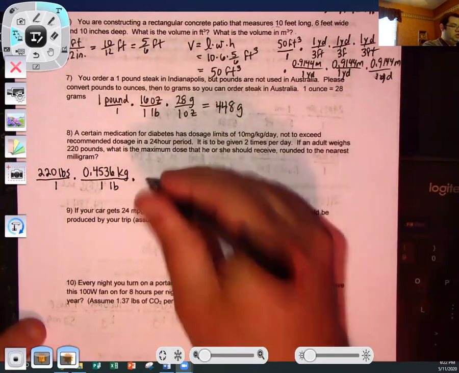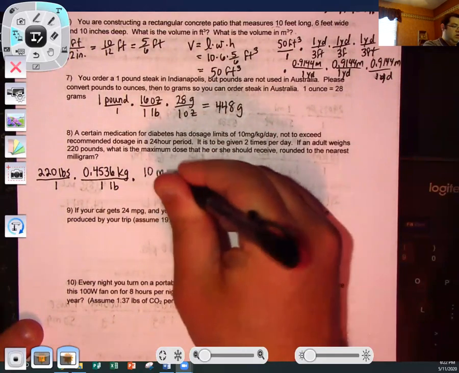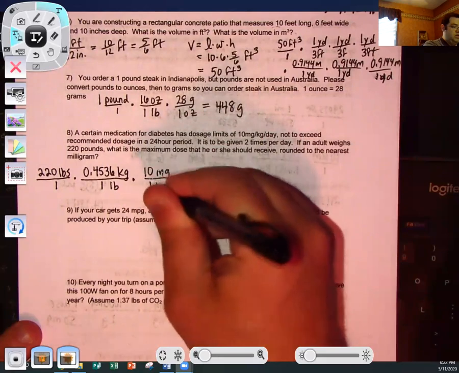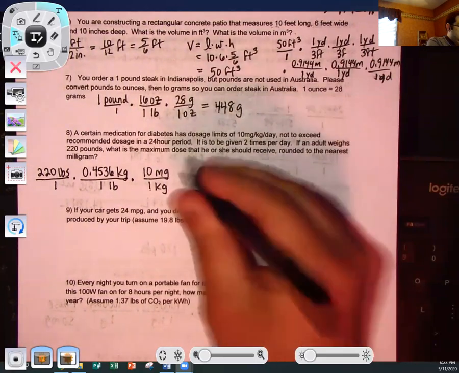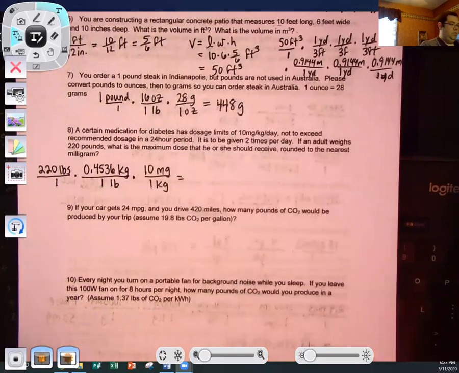So the dosage is 10 milligrams per 1 kilogram of body weight. And that will tell you how many milligrams the person could receive as a maximum dosage. So 220 times 0.4536 times 10.